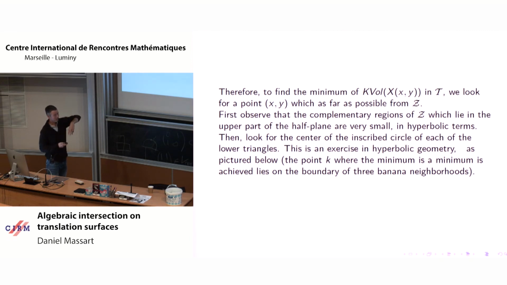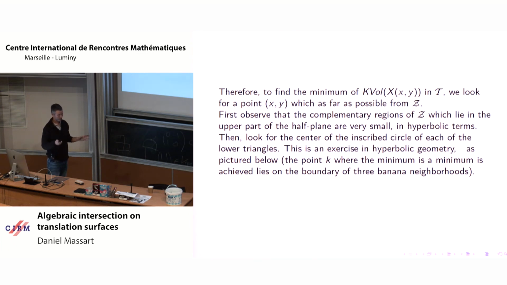First, you observe that if you go far up in the cusp, the regions become very small. So the interesting stuff is going to happen close to the lower boundary.